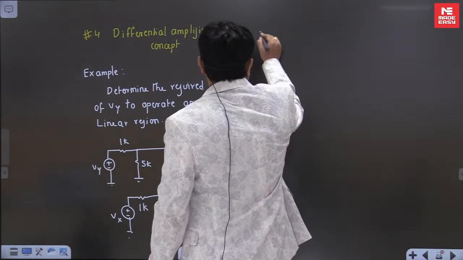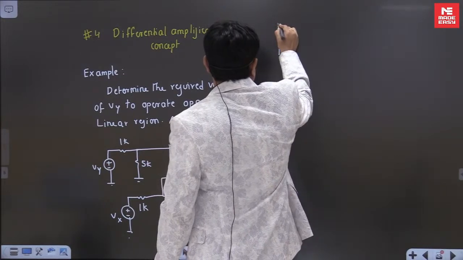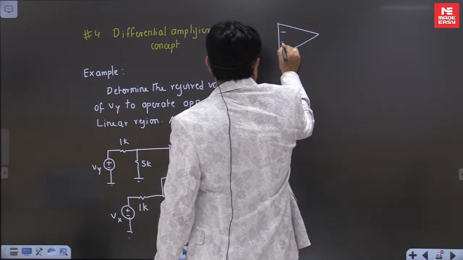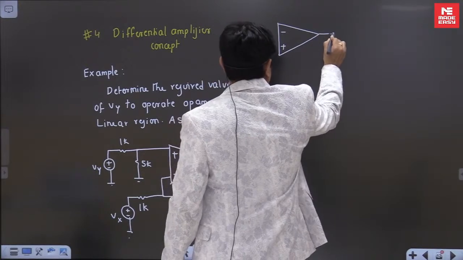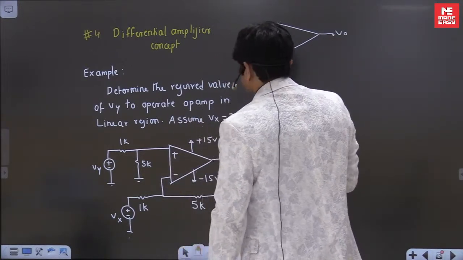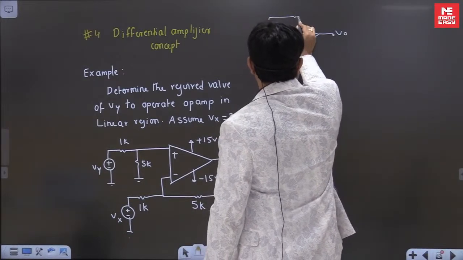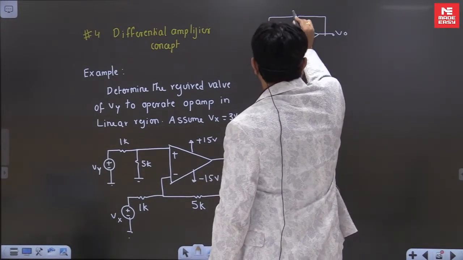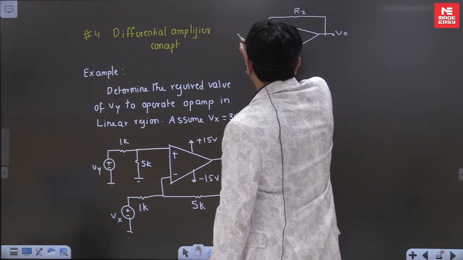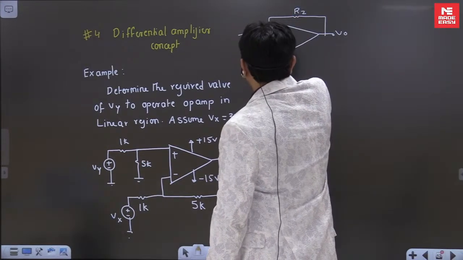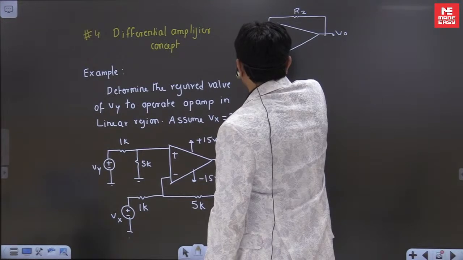And one thing, a beautiness I'm observing in this amplifier: if you write it properly, the design looks like this. Minus, plus, this is your output. This is R2. If I take this as R1, and this as some Vx.